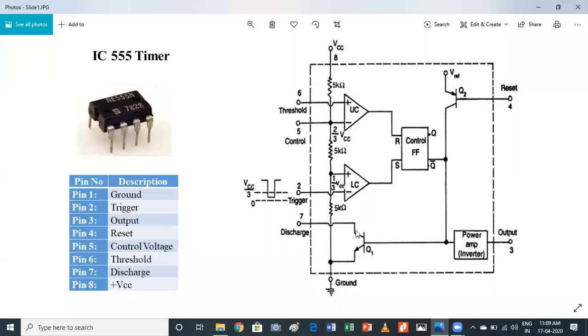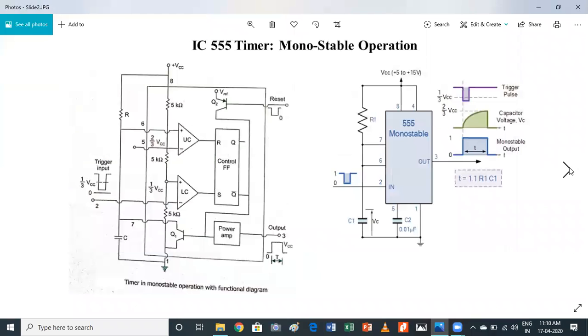If the Q1 is on, then whatever is connected here is going to ground. The reset transistor Q2 is used to completely reset the timer operation. So okay, let's move on to the monostable operation.